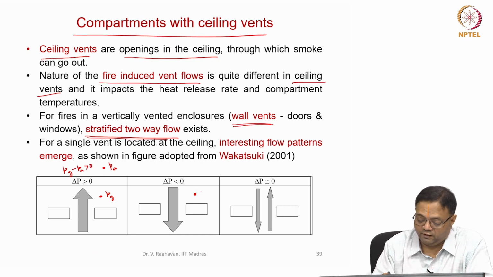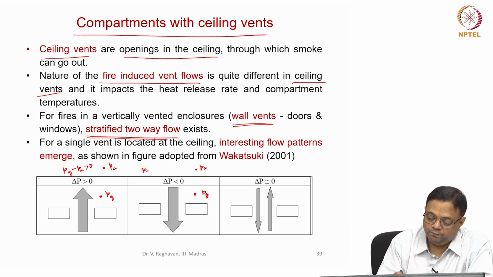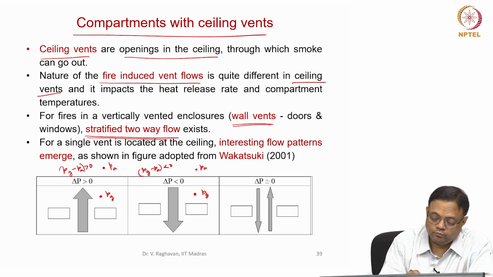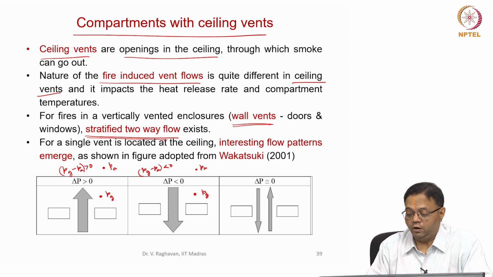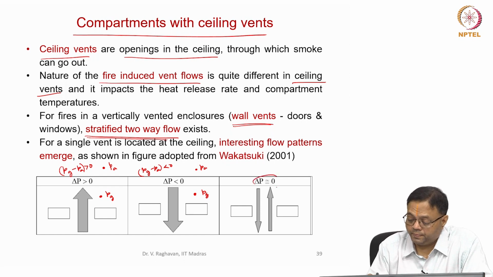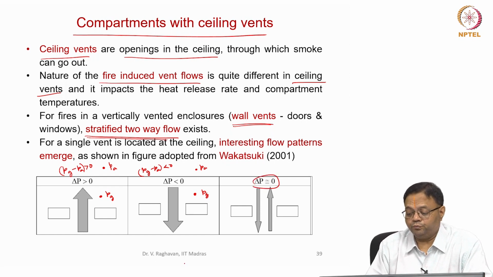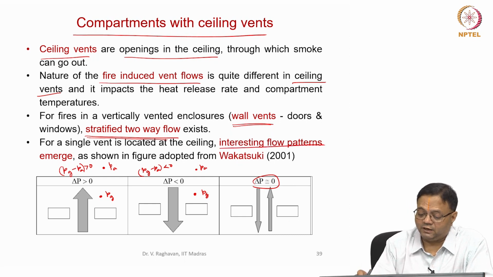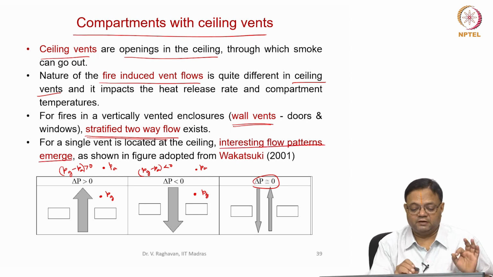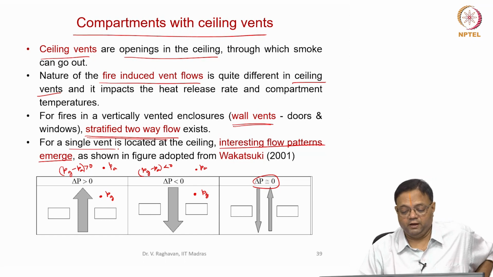Now, if you go to this case where this is P G and this is P A and P G minus P A is less than 0, then the flow comes in. But if the delta P is close to 0, then there can be a recirculation type of pattern. So, interesting flow patterns can emerge with a single vent provided in the ceiling.